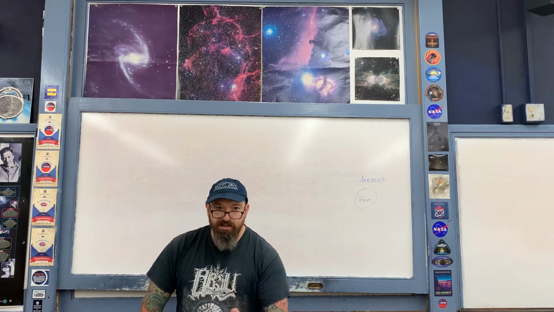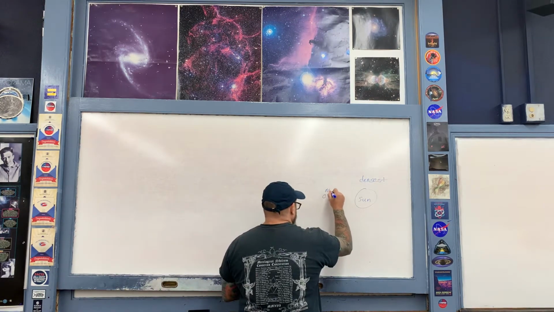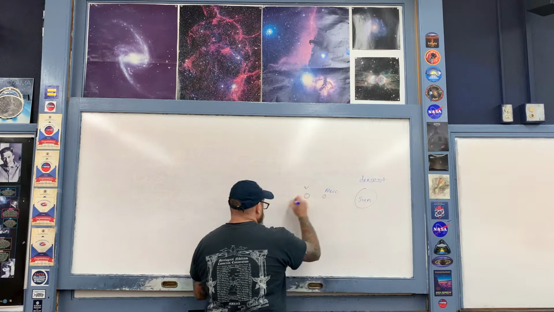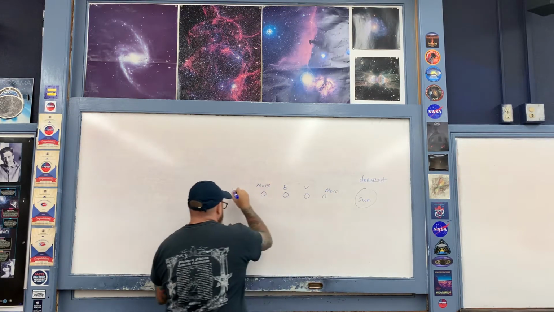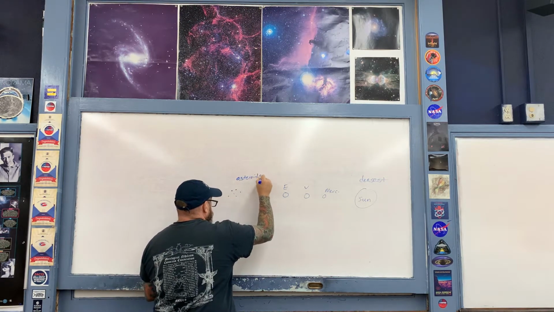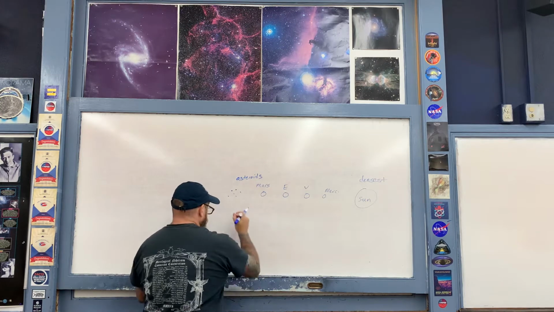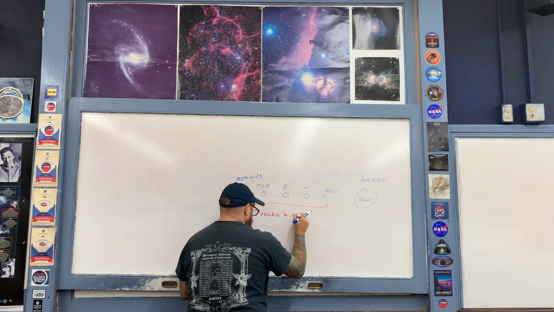So this is the next densest portion of the solar system. So you've got Mercury, Venus, the Earth, Mars, and then the asteroids, like so. All of this stuff here is basically made of rocks and metals.